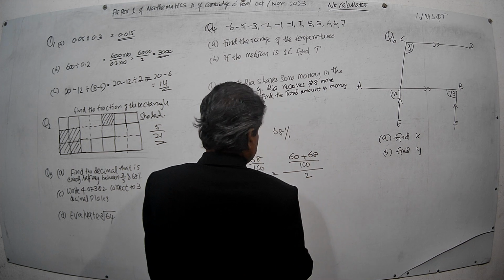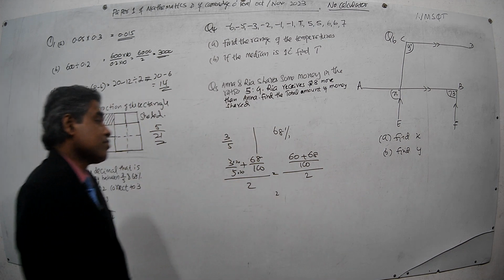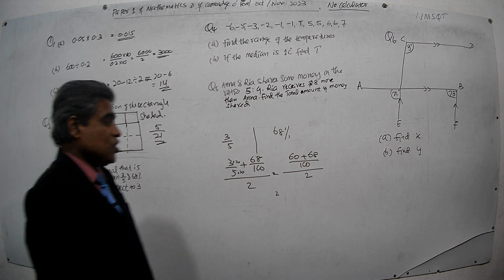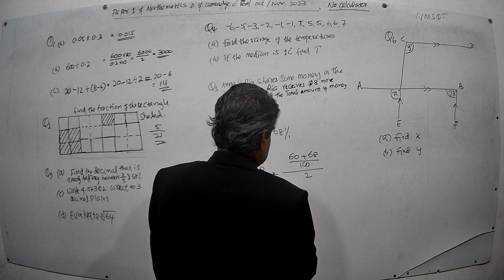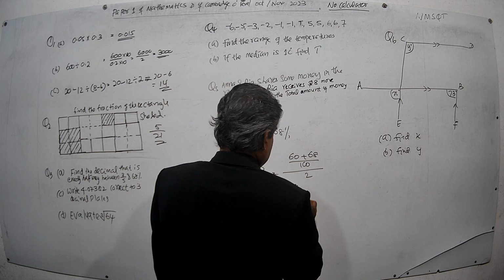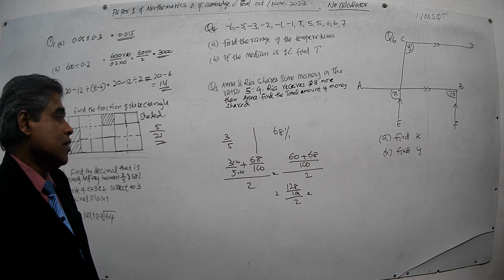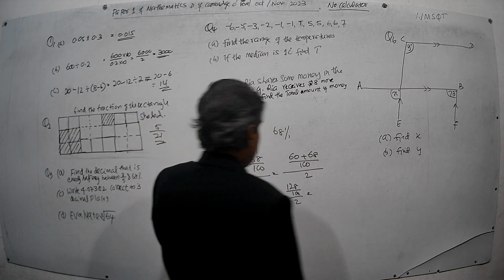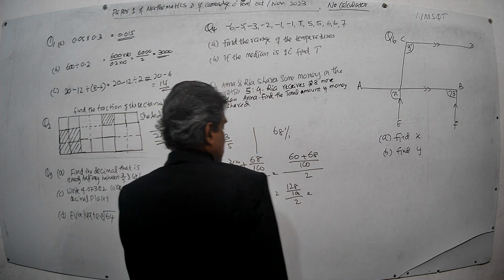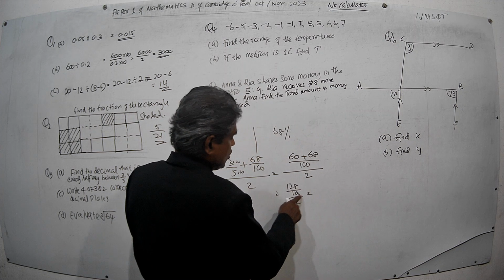Okay. Then now add 60 plus 68, then 128, divided by 100 over 2. Then this one, 128 over 100. How do you do?